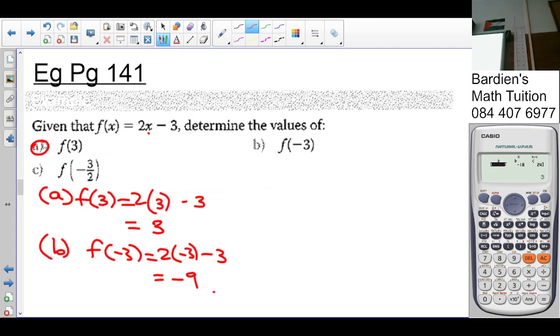You all agree with that? Your input value of negative 3 corresponds to the output value of negative 9. Or in ordered pair, it will be negative 3 and negative 9. Not so?